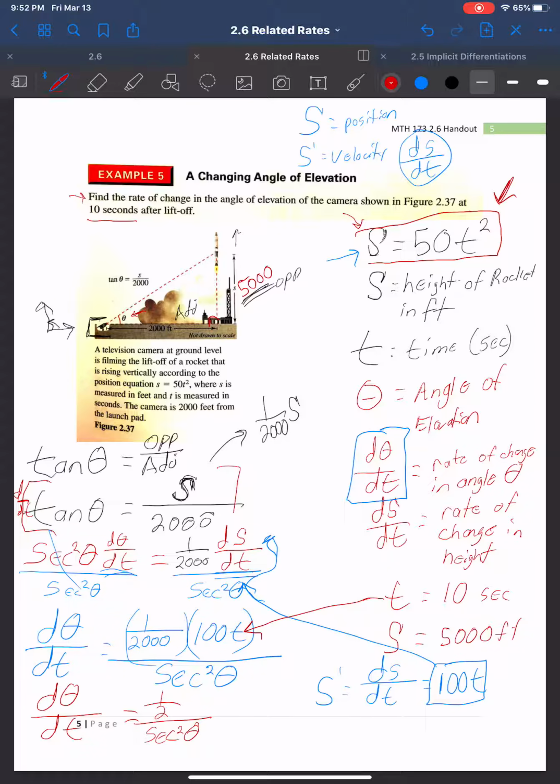But almost every Calc 1 student that I've spoken with doesn't feel comfortable dealing with secants, cosecants, cotangents. So I'm going to fix that. Right now I'm going to box this in, and I need to erase so I can give myself some space here, okay?